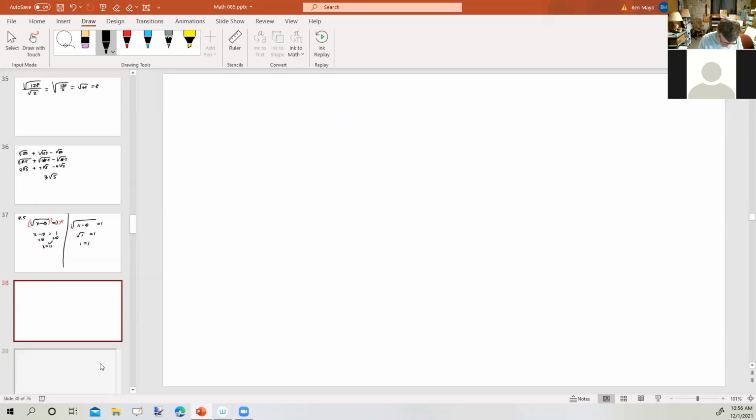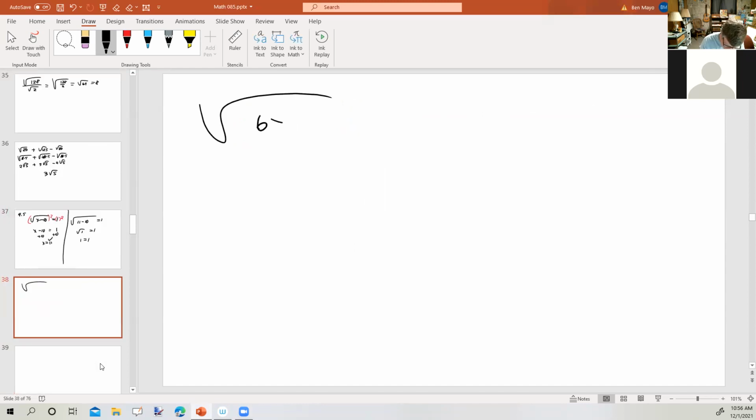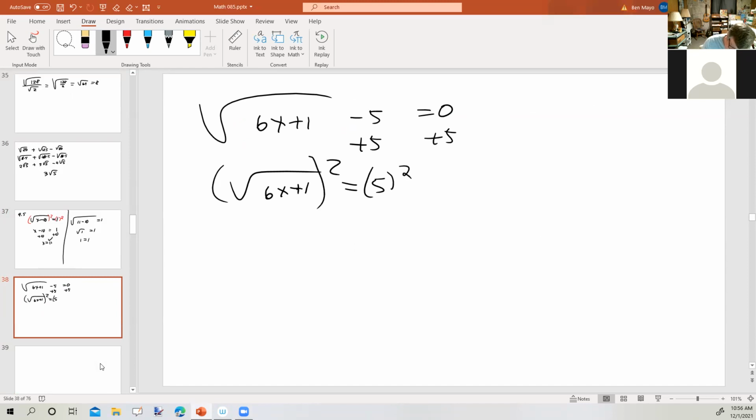Let's say we've got this problem, the square root of 6x plus 1 minus 5 equals 0. So the first thing we want to do is isolate the radical. So we'll add 5 to both sides of the equation. Then we'll square both sides to get rid of the radical.